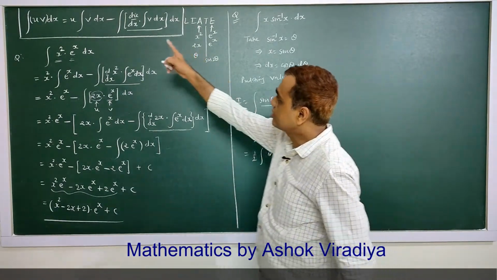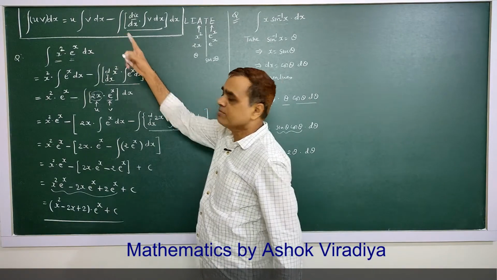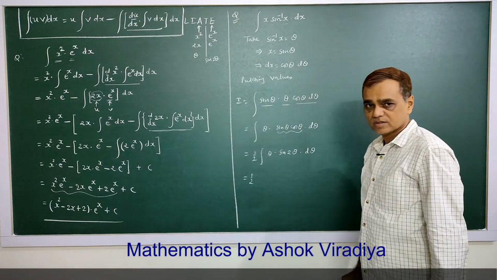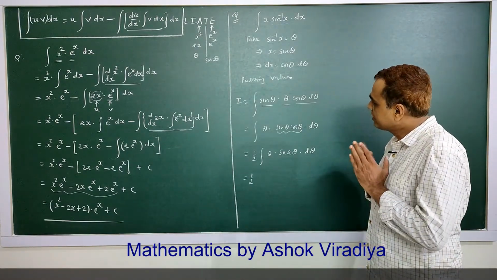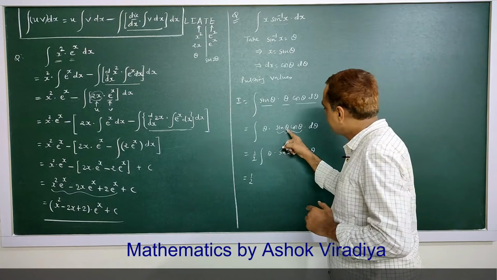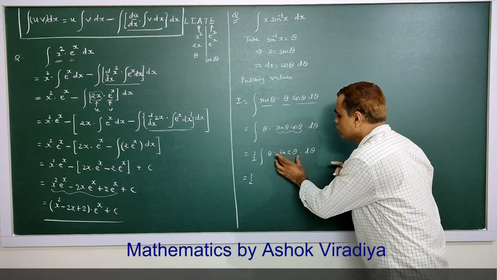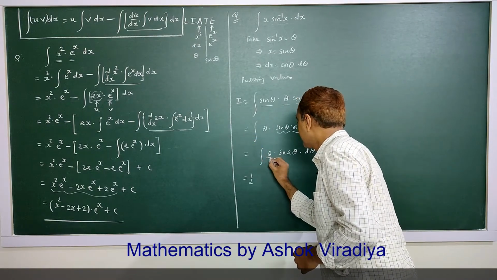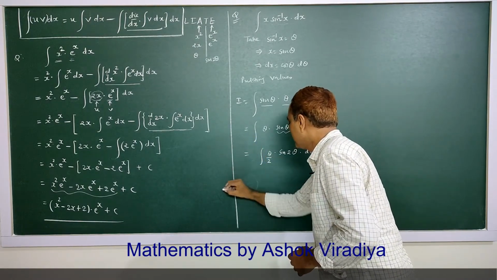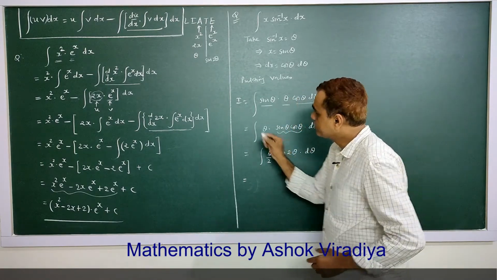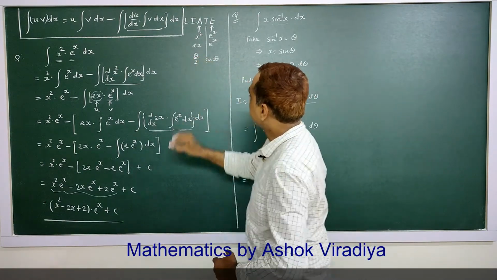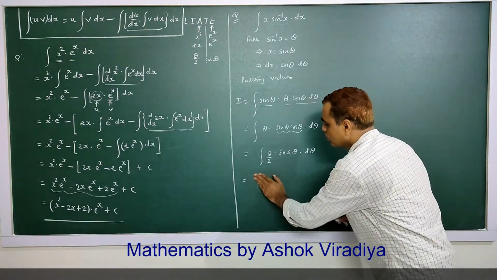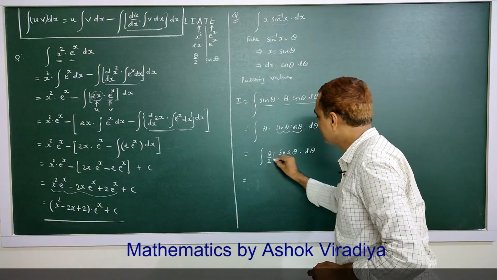Now applying the rule of integration by parts. So 1 by 2. Sine theta into cos theta is sine 2 theta by 2; this by 2 I am including inside. So in the next step, theta by 2 we consider as the algebraic term, u, and sine 2 theta as v.